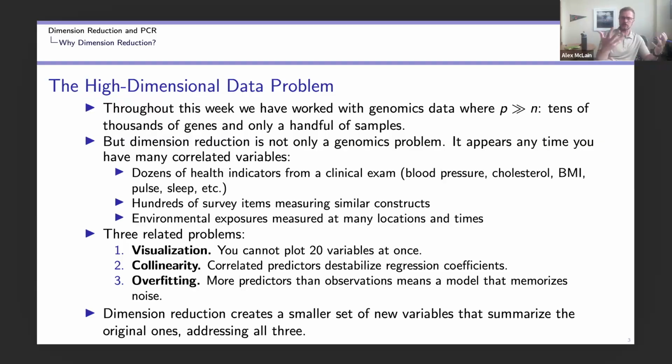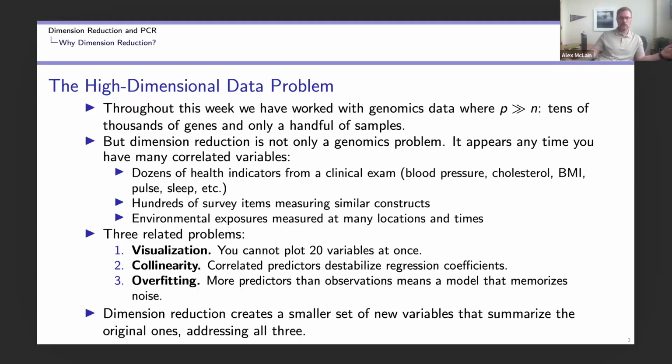It is just a different way of looking at this type of high dimensional data that we've been talking about with dimension reduction. It's not only a genetics problem. It appears anytime you have a lot of correlated variables and you want to have some way to summarize them.